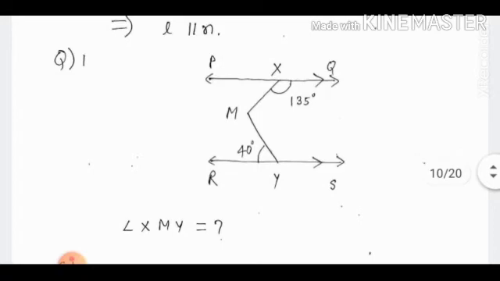Now a question: here we have line PQ and line RS. They are parallel. You can see the diagram here, where angle MXQ is equal to 135 degrees, angle MYR is equal to 40 degrees. We have to find angle XMY. For that we have to construct.